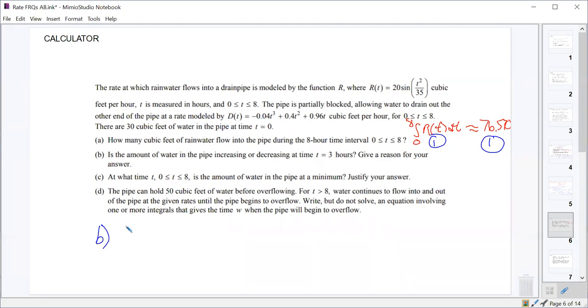So we just want to know if R at 3 is greater than or less than D at 3. If we do R of 3 minus D of 3, we end up getting negative 0.313632, which is less than 0. And since it's less than 0, that tells us that the amount of water is decreasing.